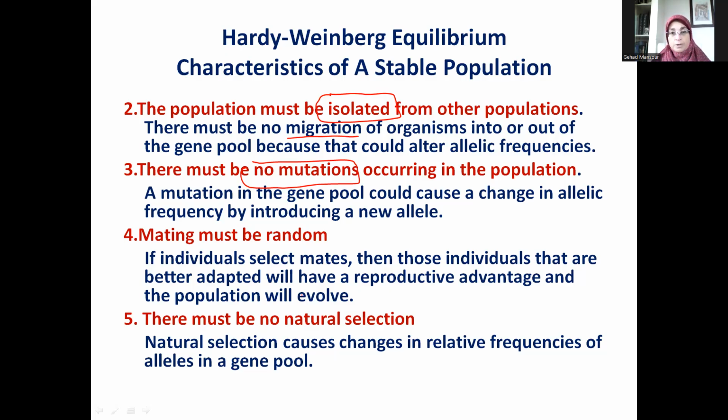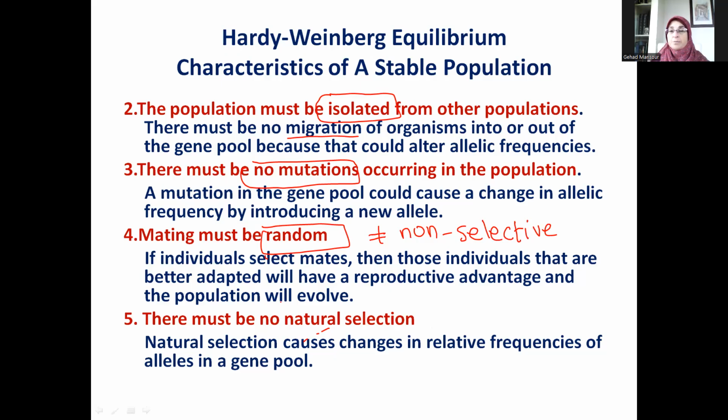Also, mating must be random because we said several times before, random here means non-selective. Because if we are selecting only those individuals that are well adapted and that have the reproductive advantage, of course, the other options will disappear.